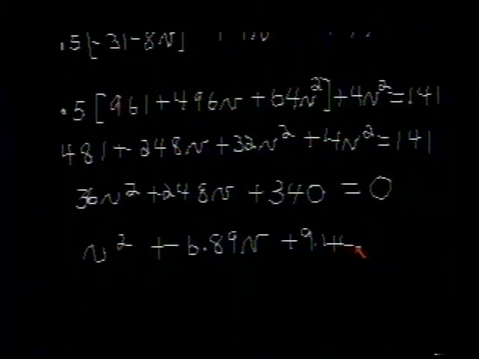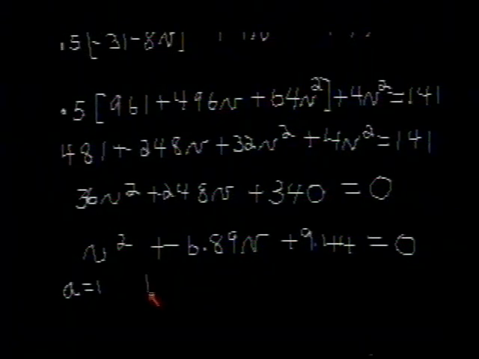So we have to solve this quadratic equation for v. In the standard form of a quadratic equation, the coefficient of our v squared term, a, is equal to 1. The coefficient of our v term, b, is equal to 6.89. And our coefficient c is just equal to 9.44.